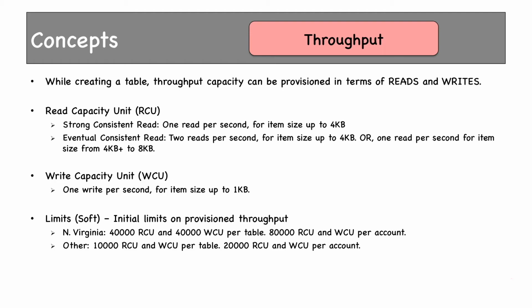In other regions, you cannot have more than 10,000 RCU and WCU per table and 20,000 RCU and WCU per account. If application tries to use capacity more than what you have provisioned, then this exception or error is returned, which is ProvisionedThroughputExceededException.